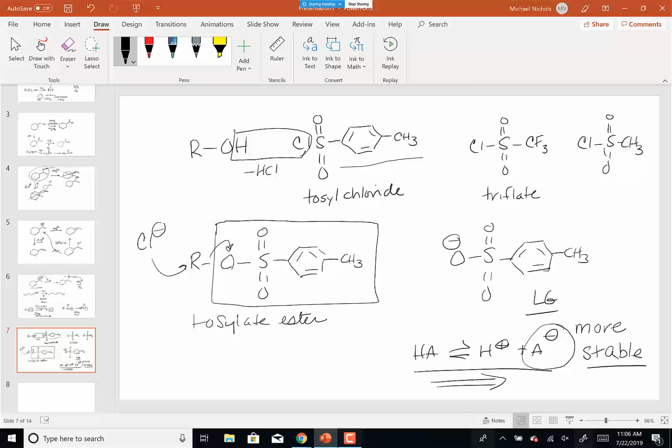I mean, it could work if you remove something. But in this case, the more stable I make the conjugate base, the more the equilibrium is going to push to the right. So why is that a stable anion?